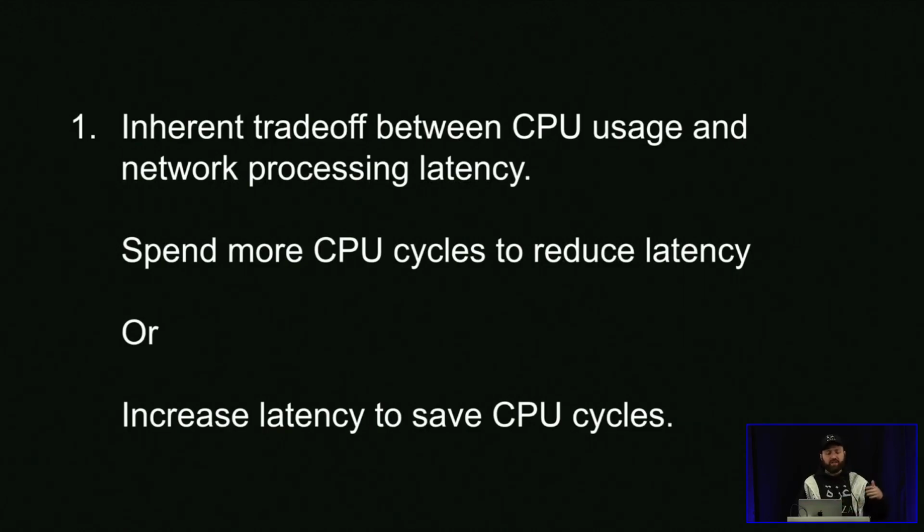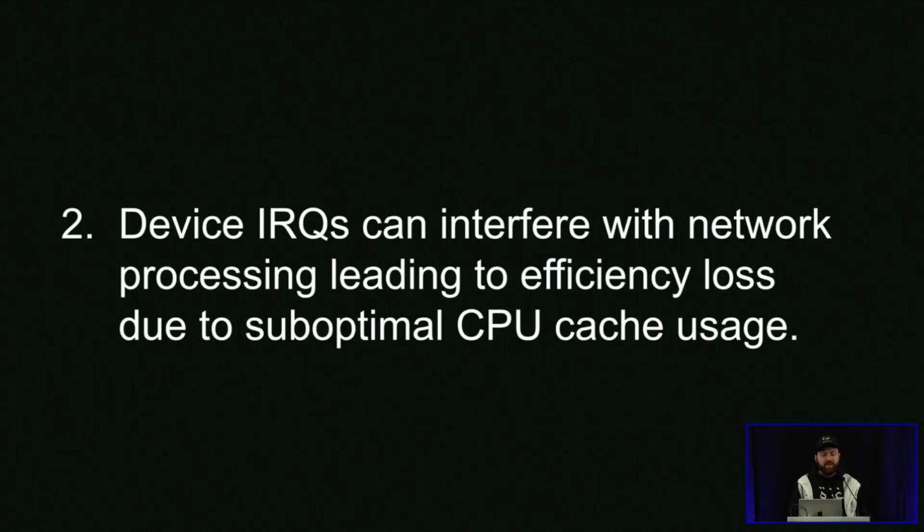On one hand, you can spend more CPU cycles and reduce latency. And on the other hand, you can increase latency and save CPU cycles. So these are the two things you're trying to balance, right? CPU cycles and latency. And the second part of the problem is that device interrupts can interfere with network processing, leading to efficiency loss due to suboptimal CPU cache usage.